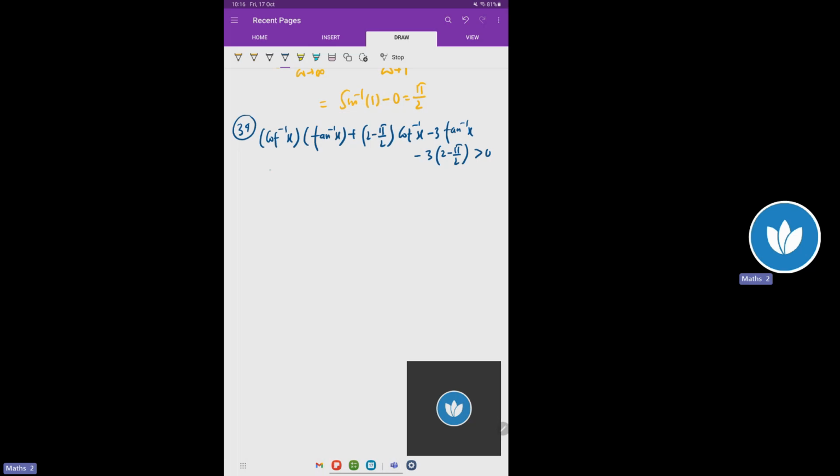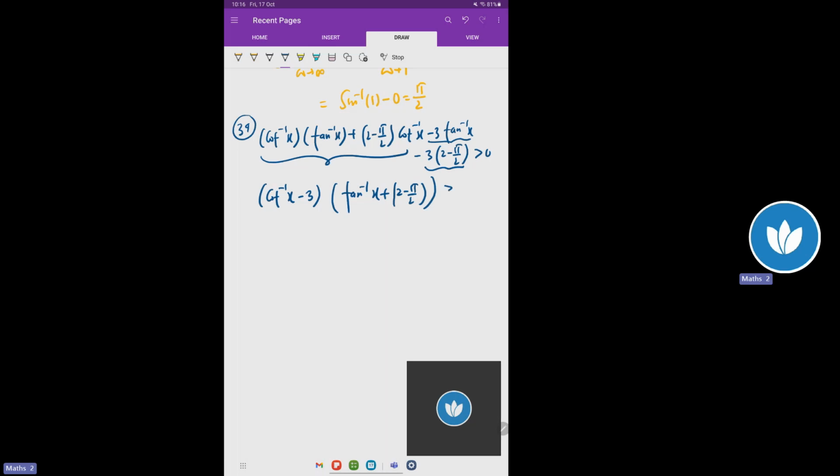Now you can easily factorize this. You can take cot inverse common from here, and take minus 3 common out of the last two. So cot inverse x minus 3 into tan inverse x plus 2 minus pi by 2.